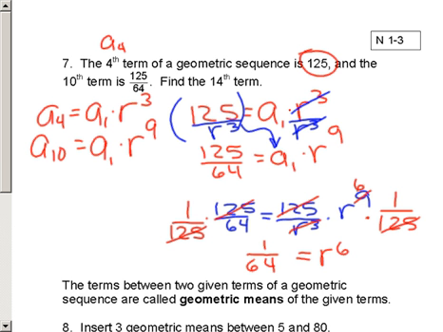To get rid of a 6, we take the 6th root. You do control exponent, so you do the 6th root. And then you do the 6th root of 1 over 64. It should just look like that.